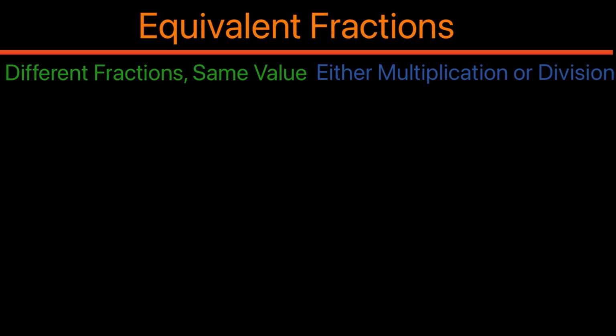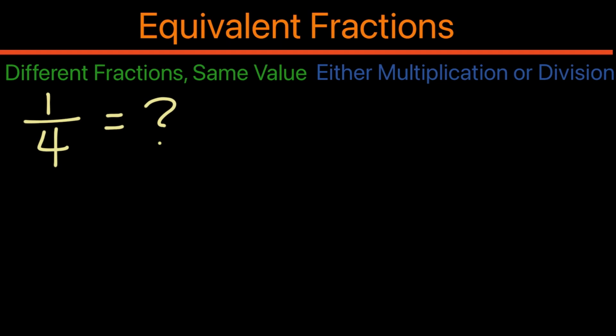Here is an example. 1/4. What would the equivalent fraction be? To get the equivalent fraction, you would need to multiply the denominator and the numerator by the same number, or divide the denominator and the numerator by the same number.